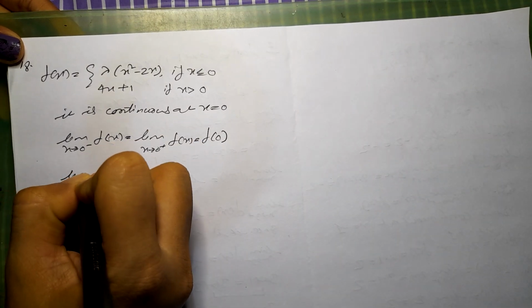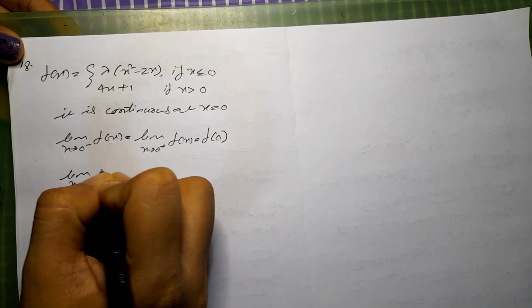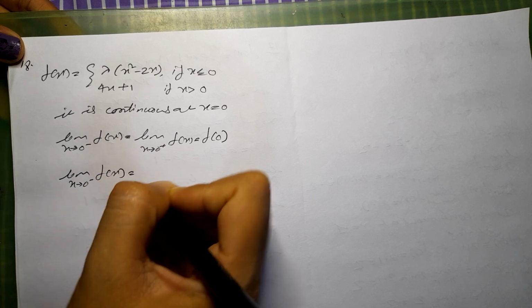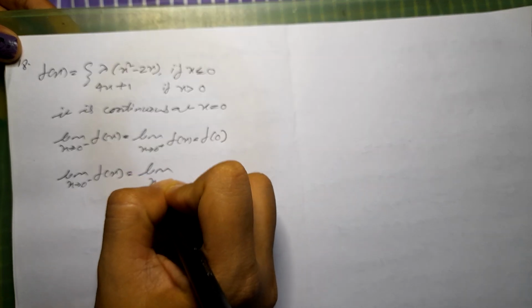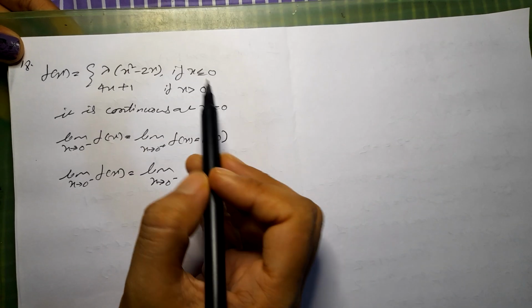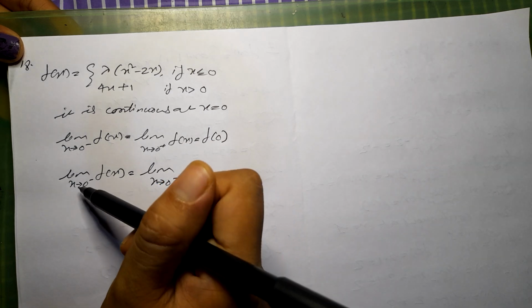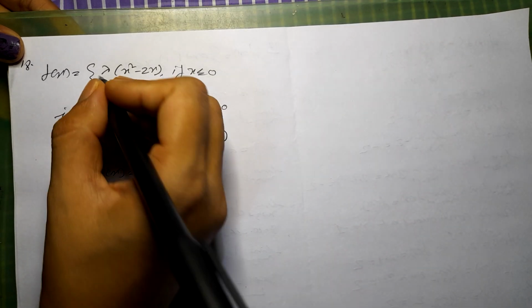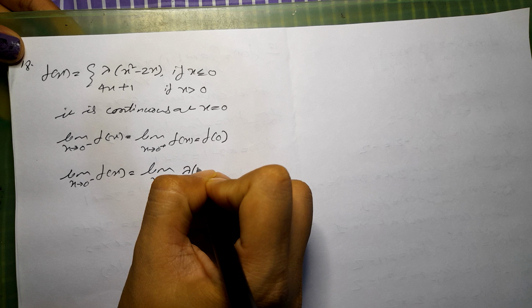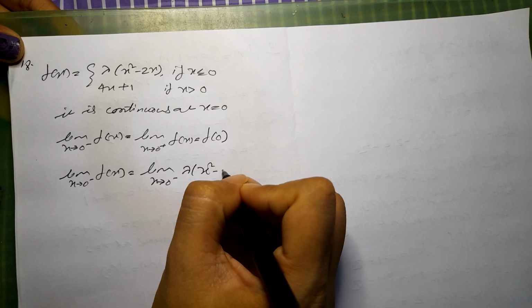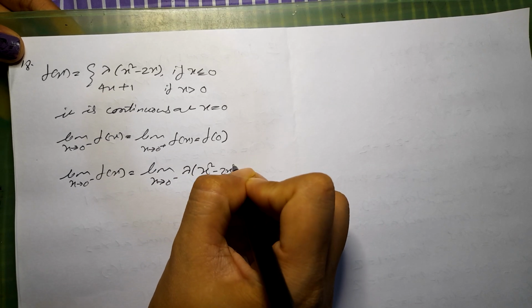Limit x tends to 0 minus f of x. Left side of 0 means less than 0, so the function is lambda x square minus 2x.